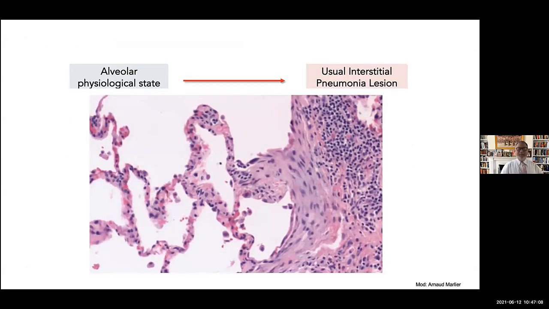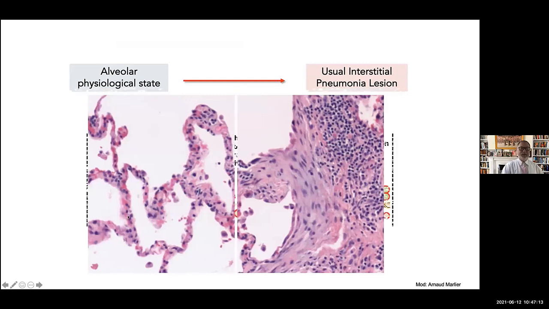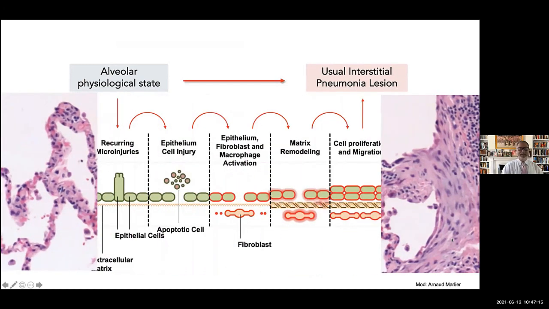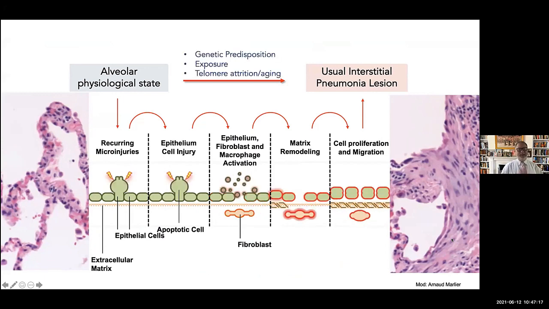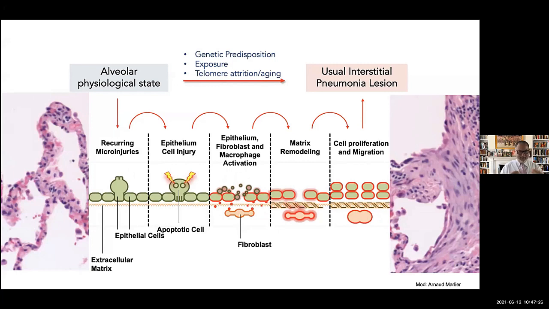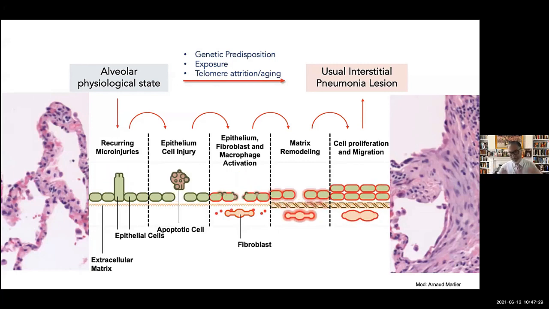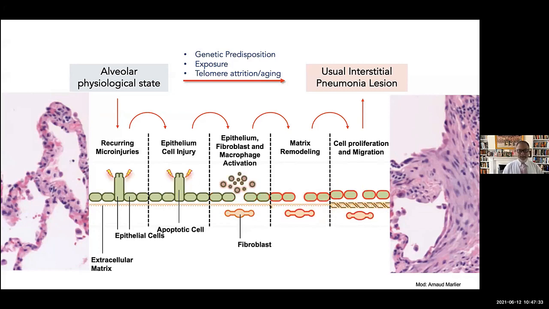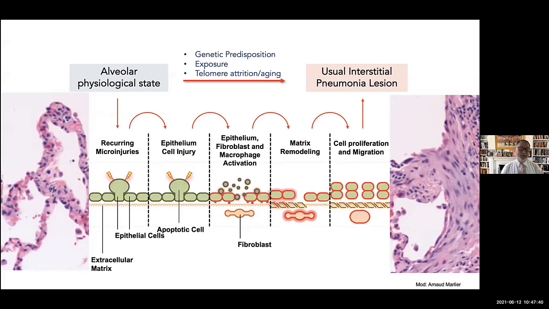So what happens? This is the pathological image of the lung. This is what normal lung looks like, and on the other side is the lesion. What we think is happening in pulmonary fibrosis is that, in this cartoon of the lining of the lung, we have these little recurring micro-injuries that happen all the time to everybody, because our lung is exposed to the air, and the air is never as clean as it should be, although we can make it cleaner.